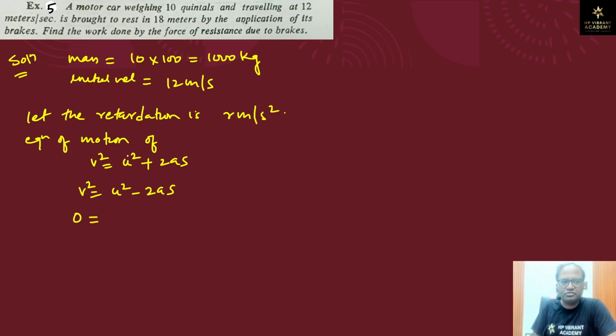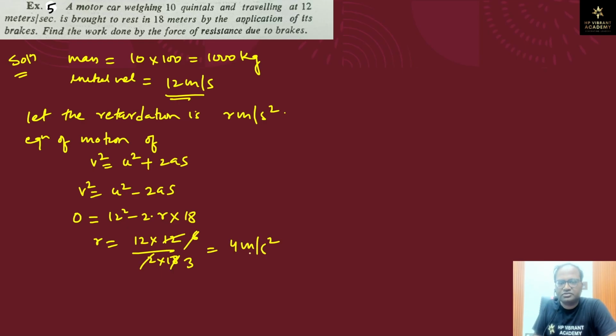So 0 is equal to 12 square minus 2 into r into 18, as it is brought to rest in a distance of 18 meter. So we have r is equal to 12 into 12 upon 2 into 18, so this is 4 meter per second square, the retardation.